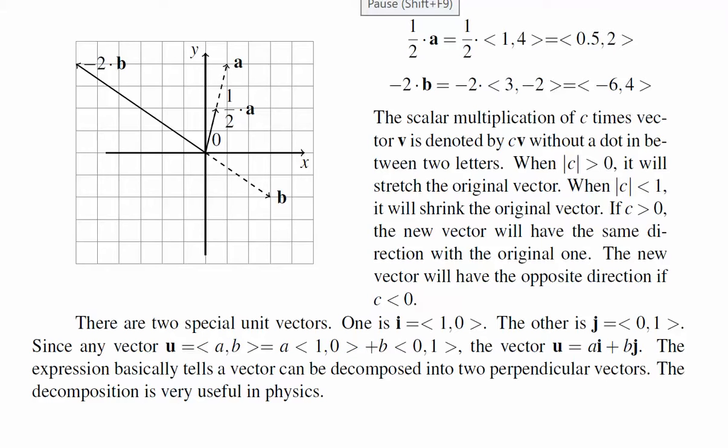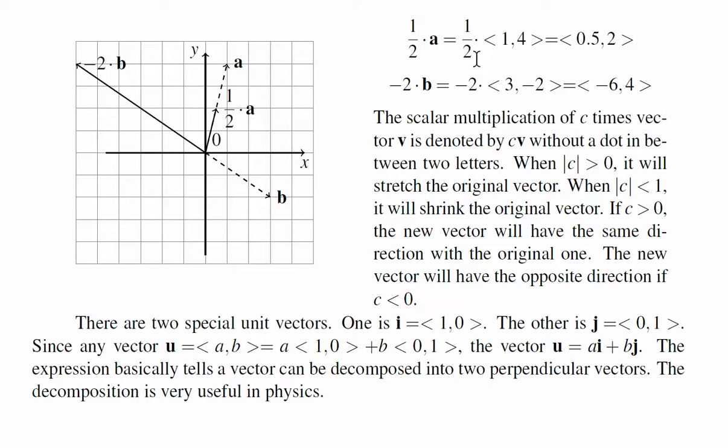Now let's look at the scalar multiplication. We know we have a vector u, or in this case vector a, which is (1, 4). We know x is 1, y is 4. So this is vector a, and then multiplied by a scalar, which is 1/2.